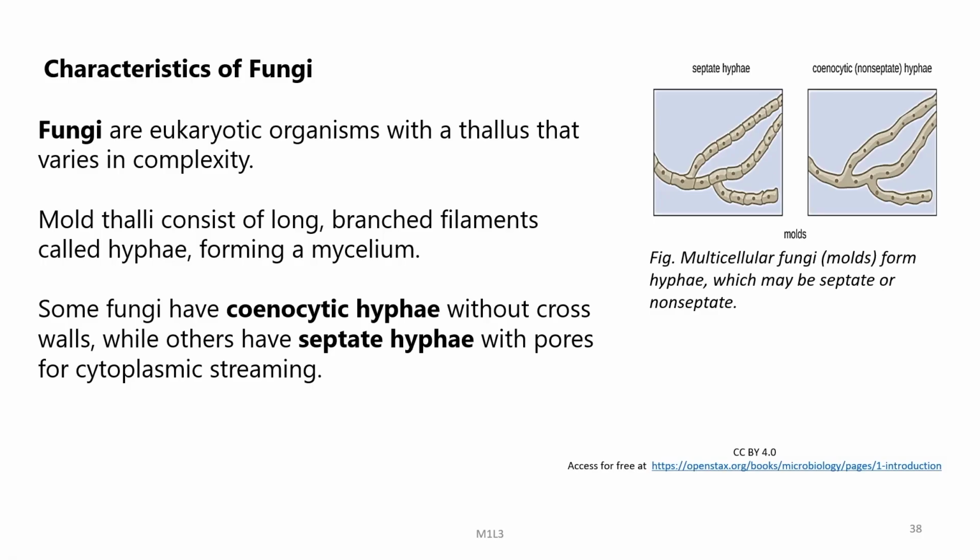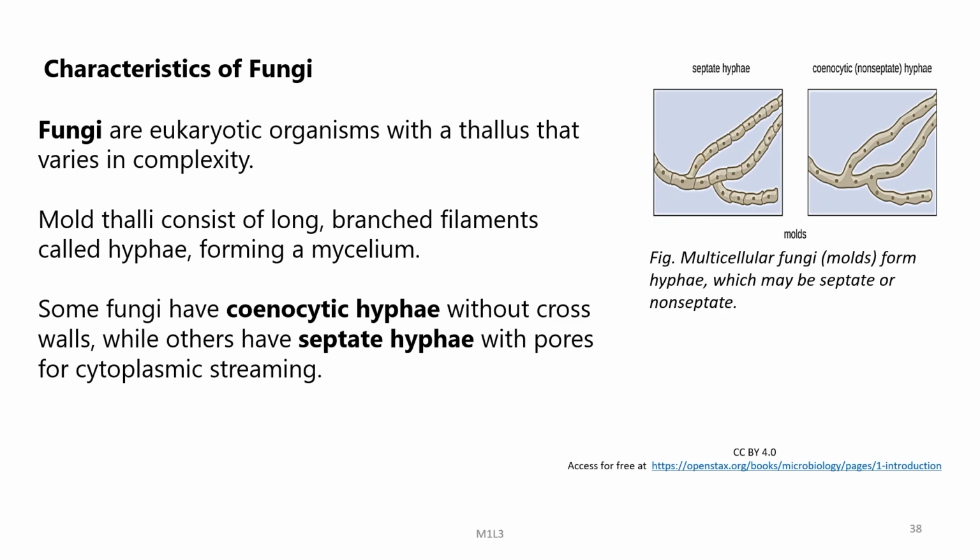What are the characteristics of fungi? You can see here one septate hypha and one coenocytic or non-septate hypha. Here you can see certain divisions. These are the septate ones, and there are no such divisions in these non-septate fungi.